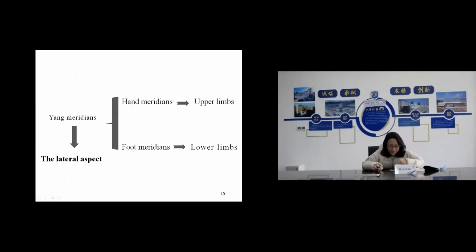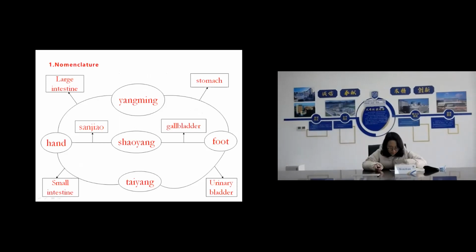Next is the yang meridian. So the yang meridians are located in the lateral aspect of the body: 3 yang meridians of the hand, 3 yang meridians of the foot. The yang meridians on the hand: one is the large intestine meridian of Yang Ming.